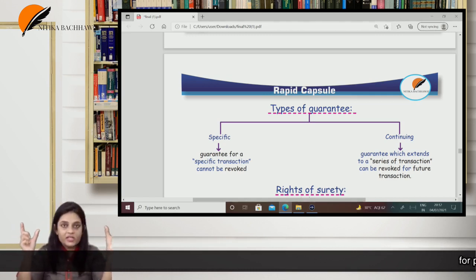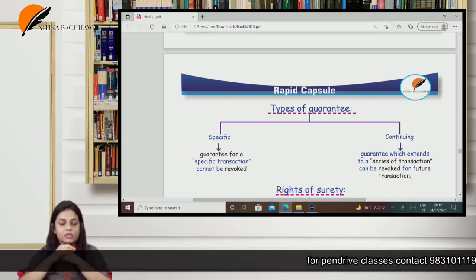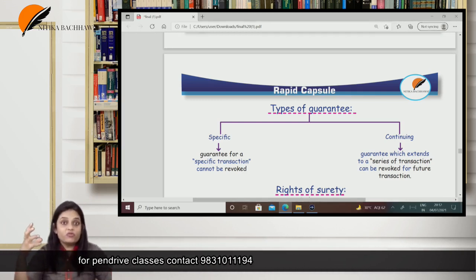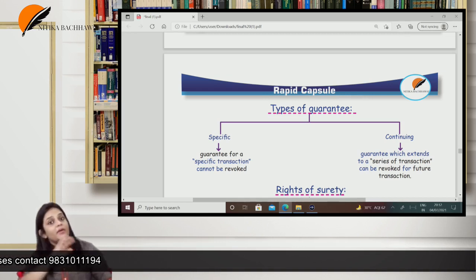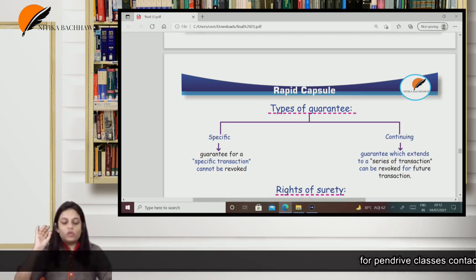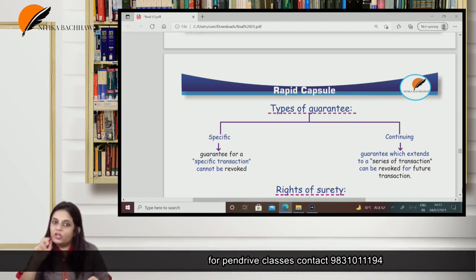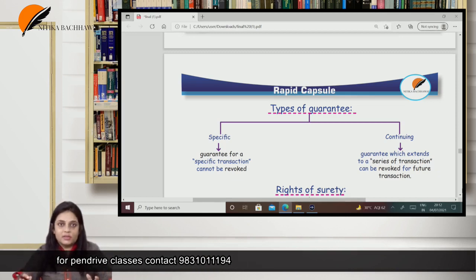Even though he has restricted the amount, it still moves over a series of transactions, so it is still a continuing guarantee. Even if it is restricted by amount or by time, if it is over a series of transactions, it is still known as a continuing guarantee. So what is a specific guarantee? It is for a particular transaction, whereas continuing moves over a series of transactions.